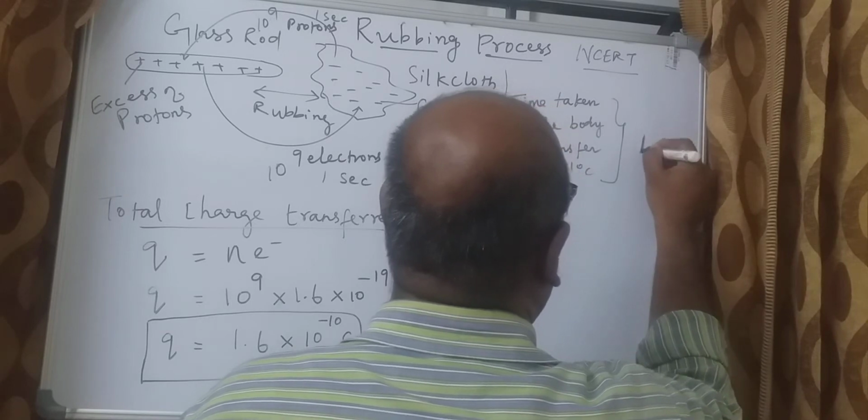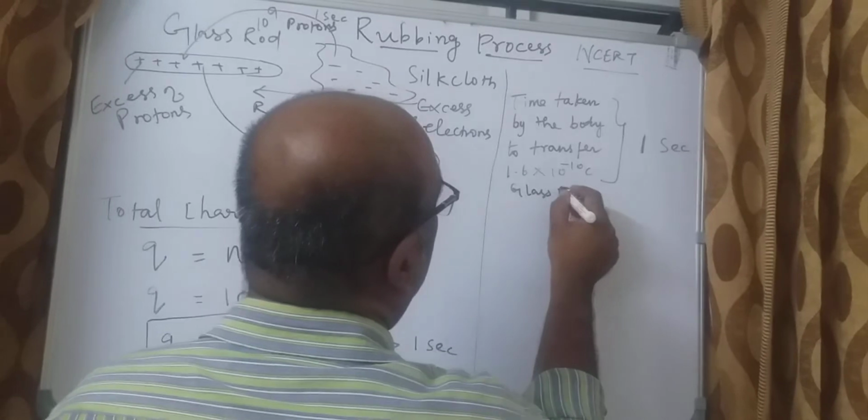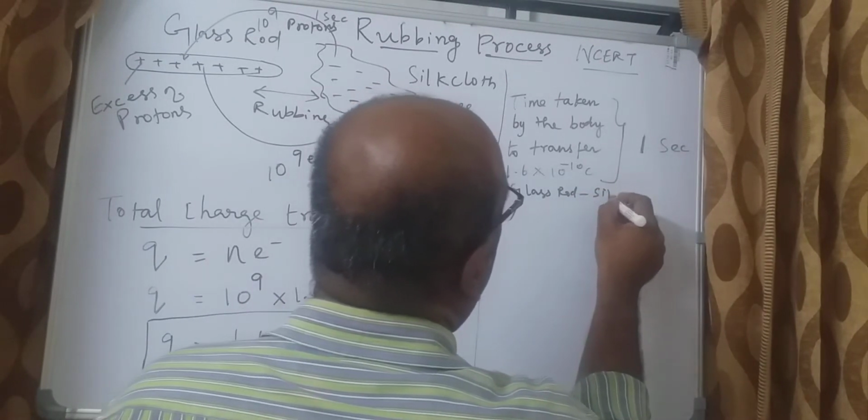So in 1 second, this much charge is transferred from glass rod to silk cloth.